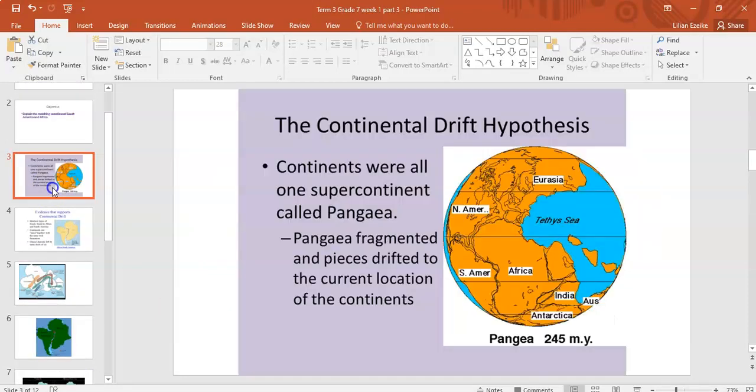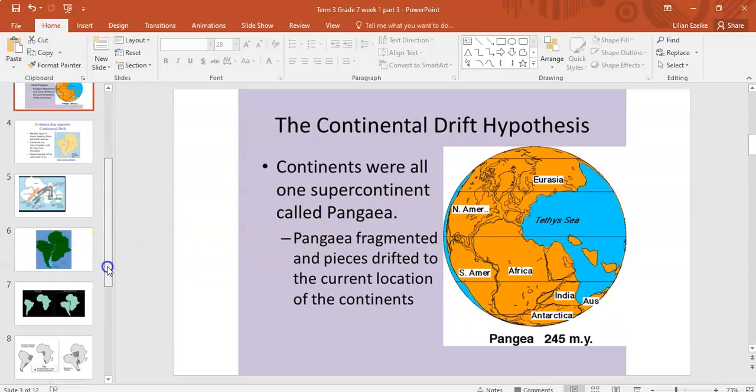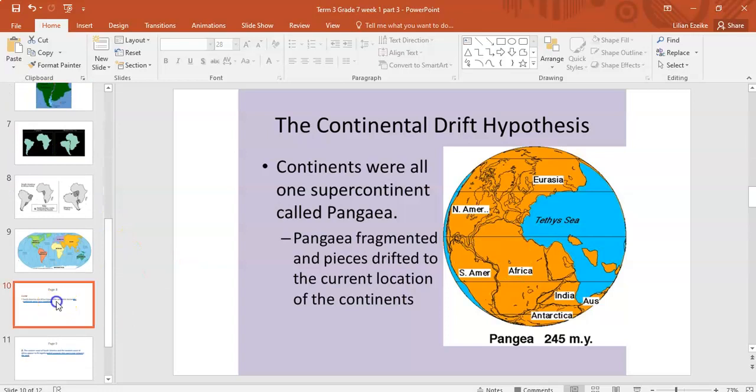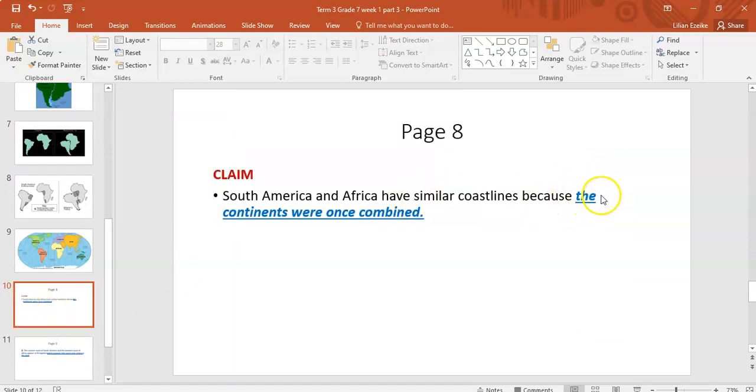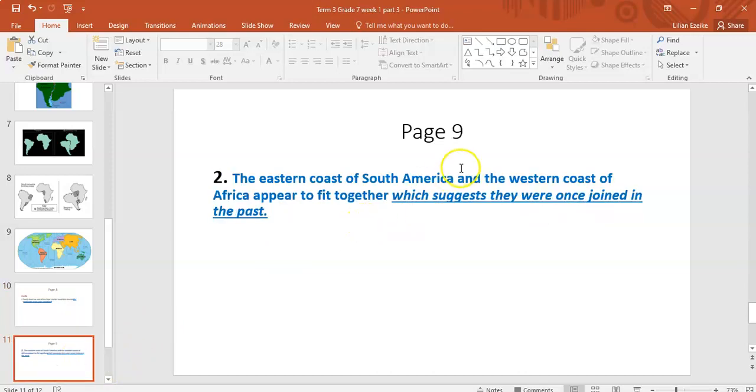We have explained that the reason why they have matching coastlines is because they were previously combined together. They have matching coastlines because the continents were once combined together, and this matching coastline supports and suggests to us that they were once joined in the past.